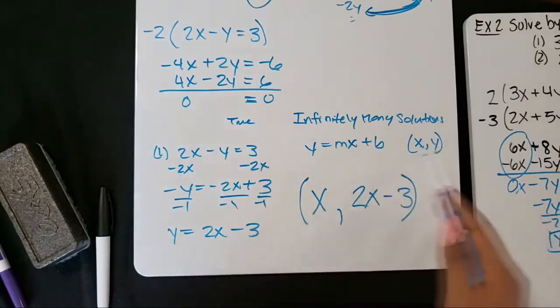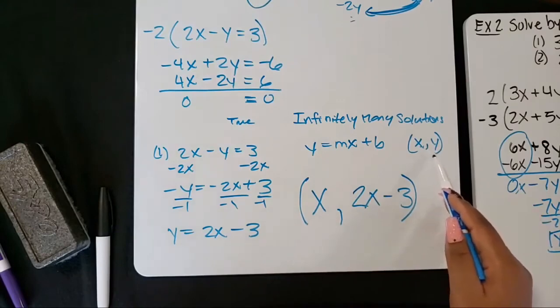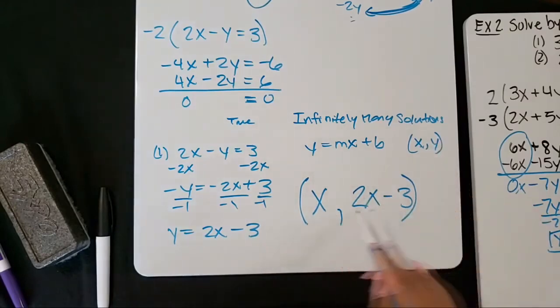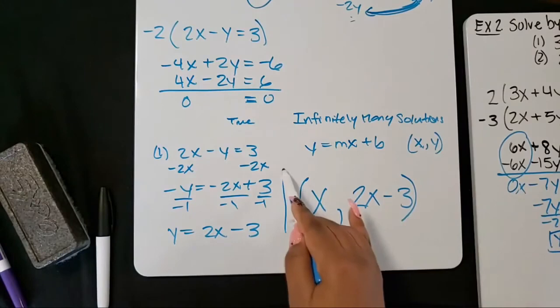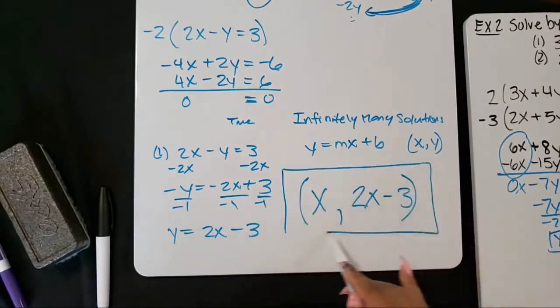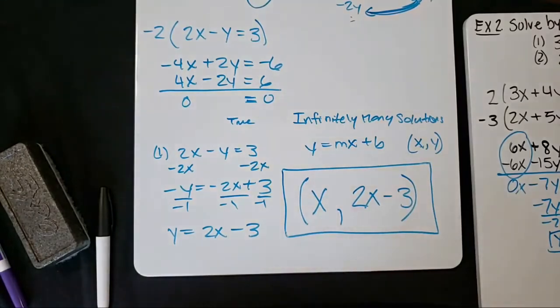So we plug that in for y. So the answer is x, 2x minus 3. So this is how you get an ordered pair answer for a problem that has infinitely many solutions.